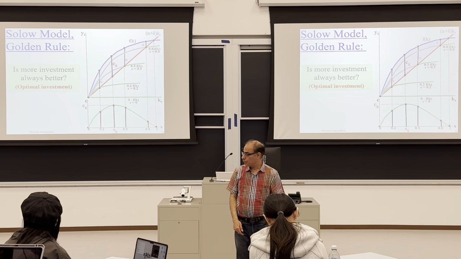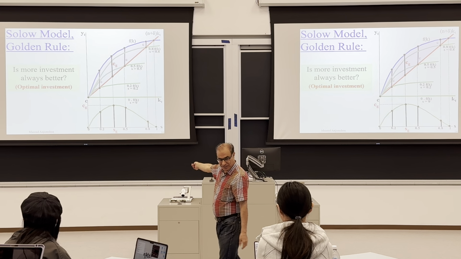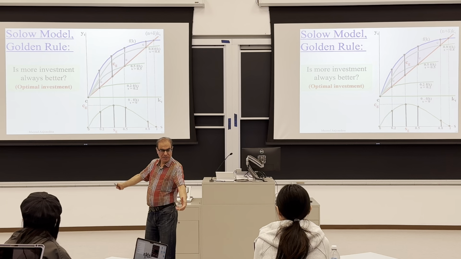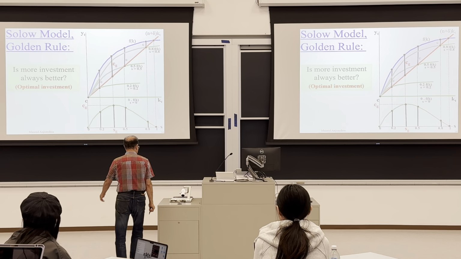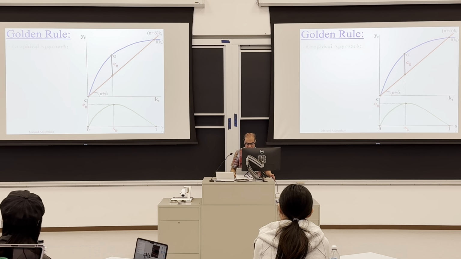Everything per labor, per worker. Is that right? So, see, here we just did it by trial and error and just by eyeballing. Is that right? But where is it? How can we find it? So, let's do a graphical approach.